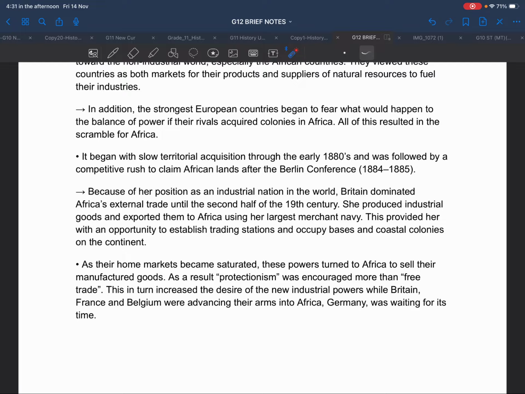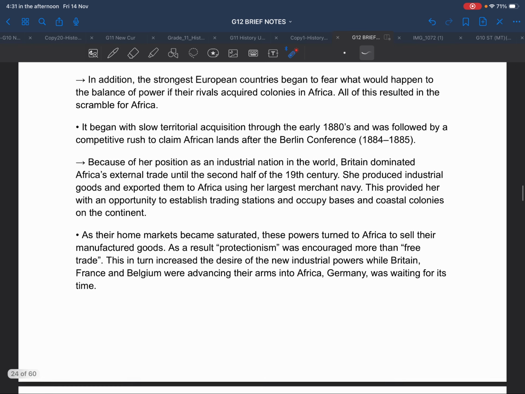That means they were highly in need of markets for their finished goods, and Africa was to be the most important supplier of natural resources like minerals for their industries.